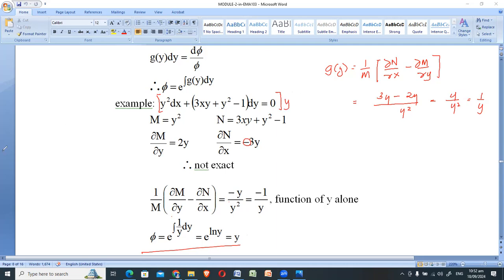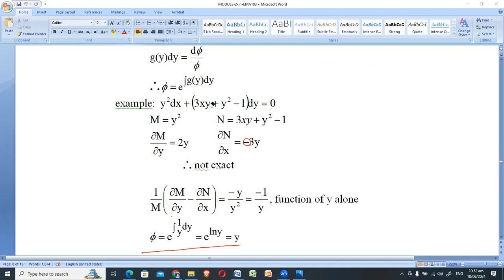Now, if you do that, allow me to erase because this will keep on appearing as I scroll down. If you multiply this original DE by y, this will be your resulting expression.